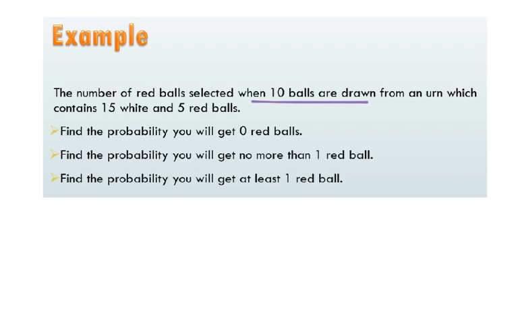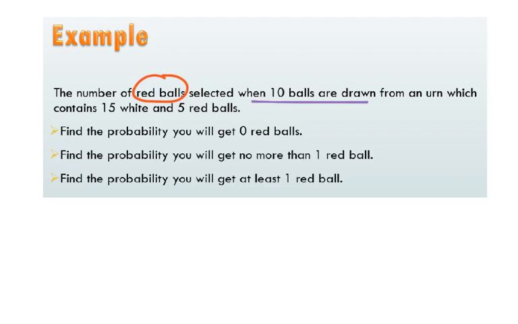So for the number of red balls selected, when we select 10 balls from the bag, we can have a combination of colors: we can have white balls, and we can also get red balls. But what we want to know is the red ball. So now our success is the red ball, and our failure is the white ball.